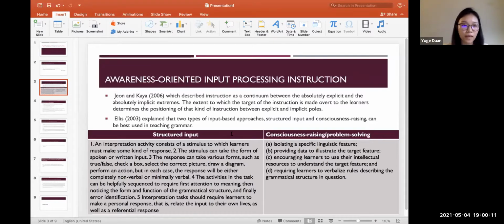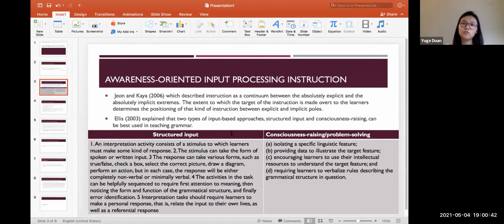of teaching pragmatics. One type of this approach is structured input. In this kind of approach, students' response is necessary, and the response can take various forms, such as true or false, check a box, select the correct picture, draw a diagram, or perform an action.